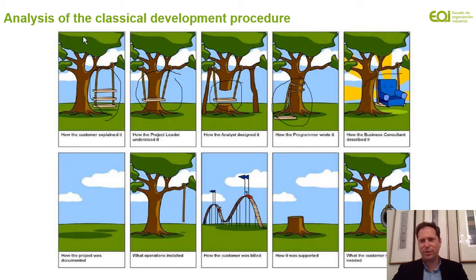Of course, the business consultant described it very, very nicely. This is how it was documented. This is how it was installed. This is how it was billed to the customer, how it was supported, and what the customer really wanted.